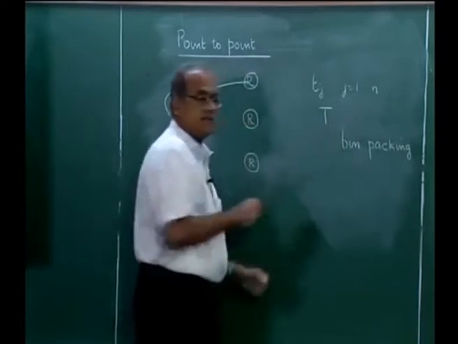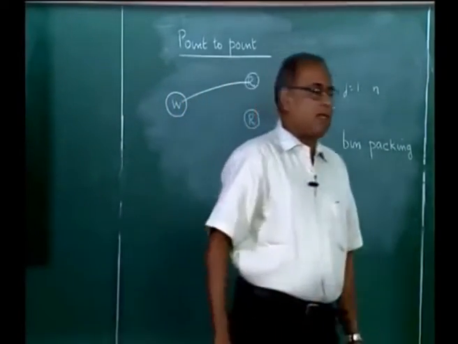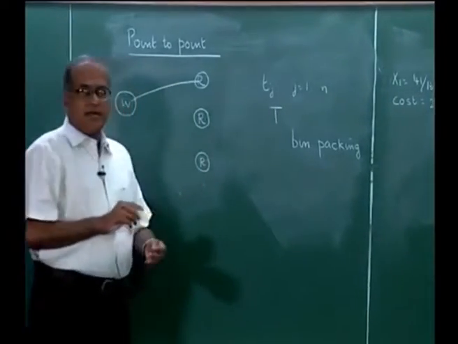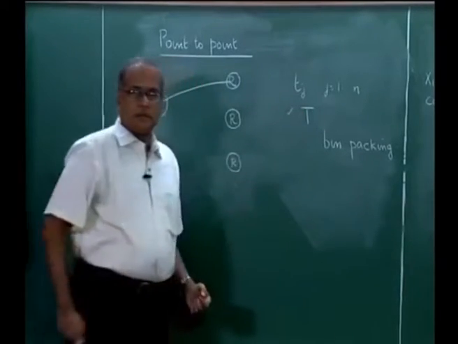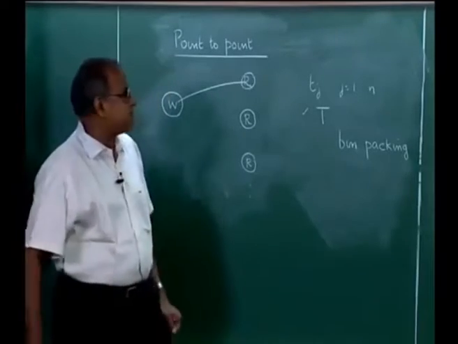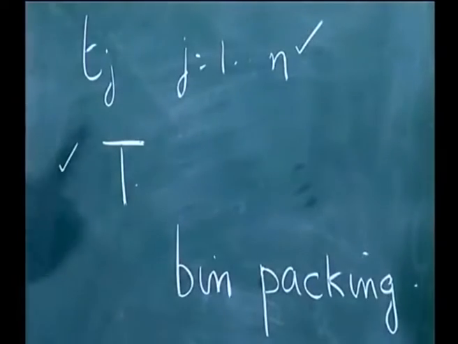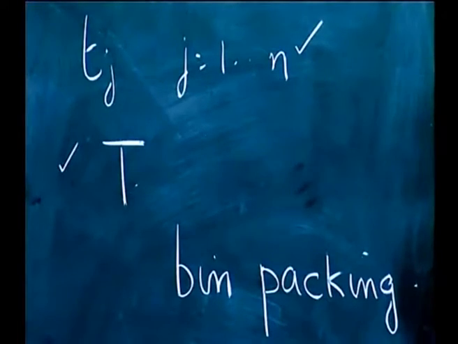It is called a one dimensional bin packing problem, and the problem is very similar to saying that I have bins of height T, and I need to put items into these bins. I have n items, each item has a height, the jth item has a height tj.